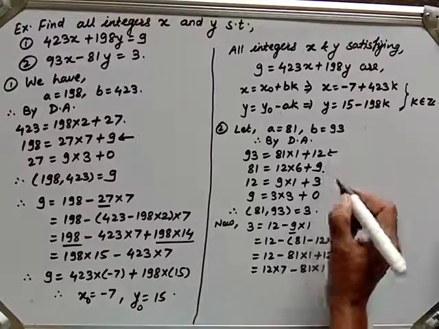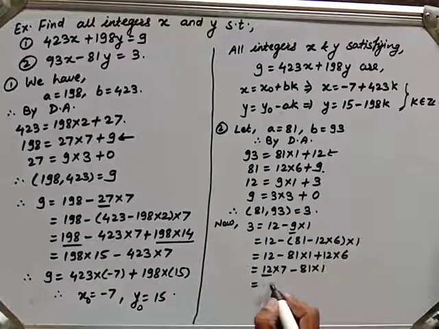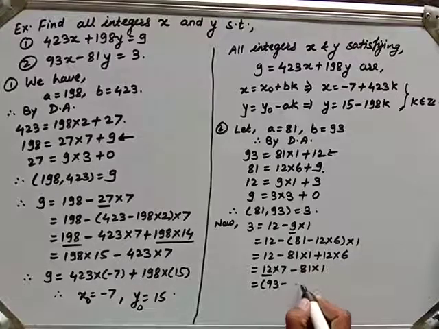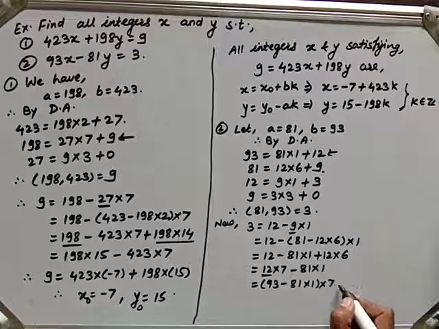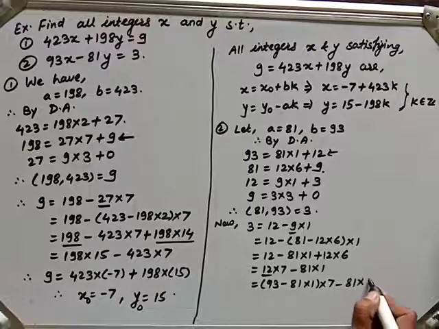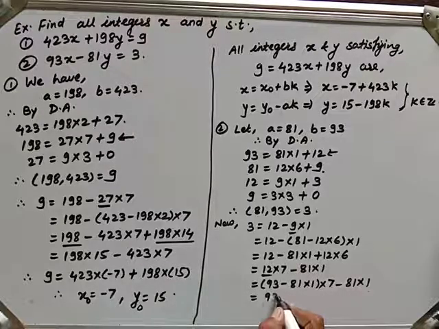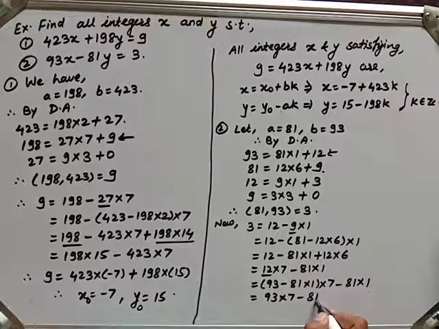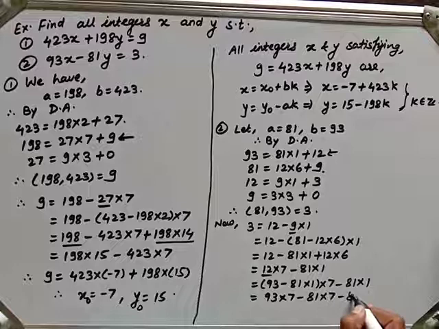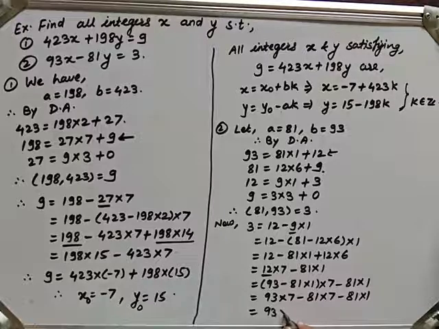Now substitute 12 from this: 93 minus 81 multiplied by 1, multiplied by 7, minus 81 multiplied by 1. So it is 93 multiplied by 7 minus 81 multiplied by 7 minus 81 multiplied by 1. So it is 93 multiplied by 7 minus 81 multiplied by 8.